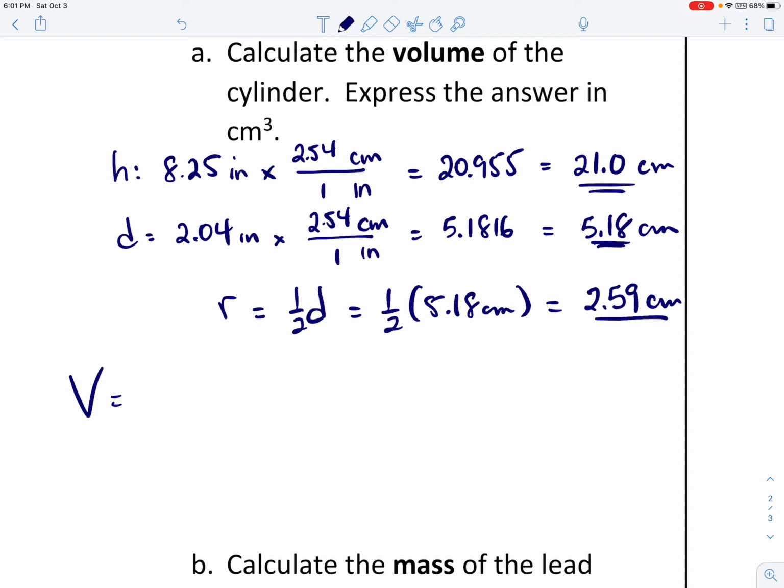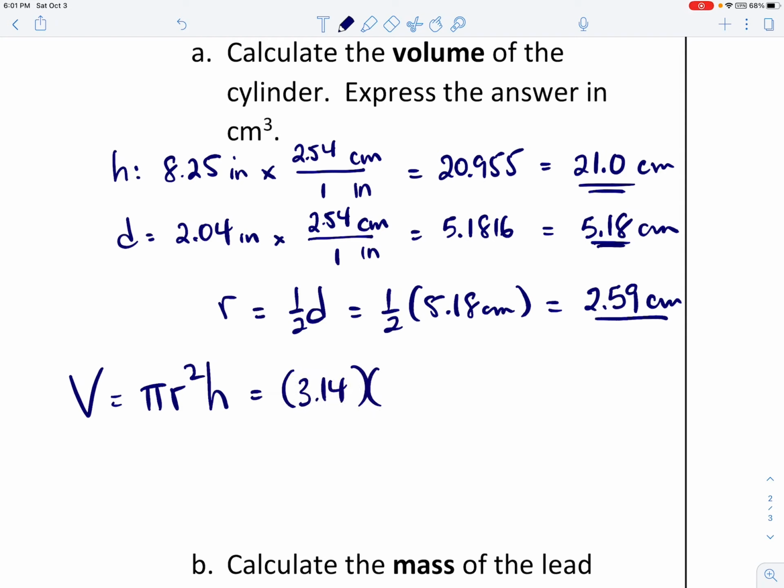We just write the formula for volume of a cylinder. The cylinder has a circular base. The volume formula is area of the base times the height. Because the base is circular, its area is pi r squared, and then we multiply by the height.